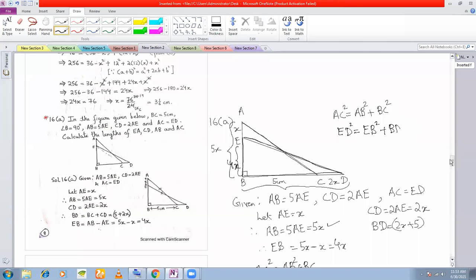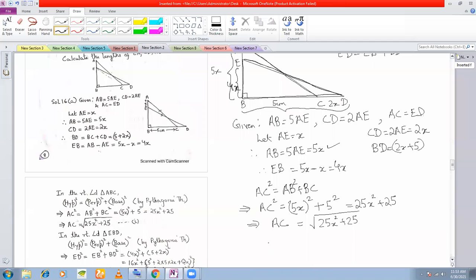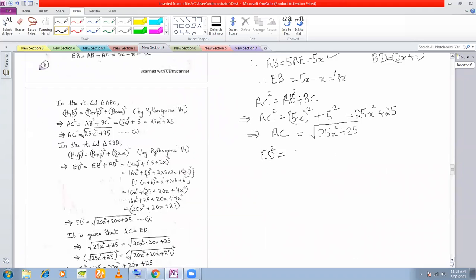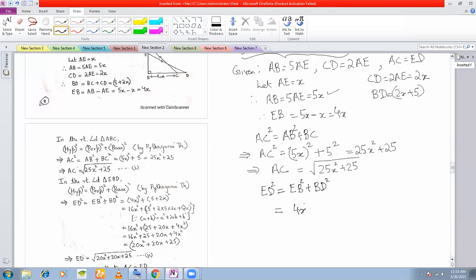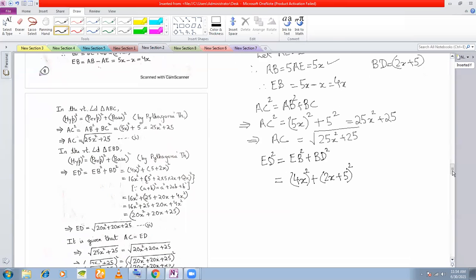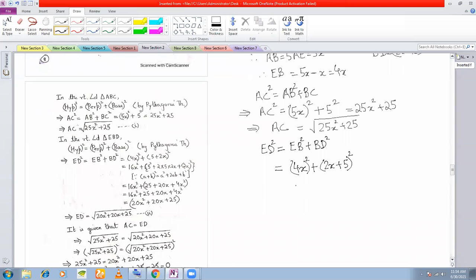So write it here again. ED square is equal to EB square plus BD square, right? So now put the values. What is EB? EB here is 4x and BD here is 2x plus 5 whole square, right? So this is 16x square plus, you can expand this by a plus b whole square formula.